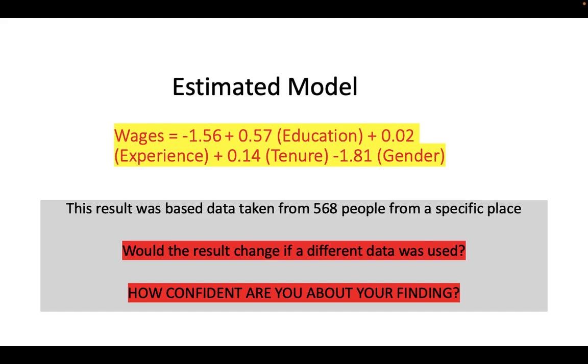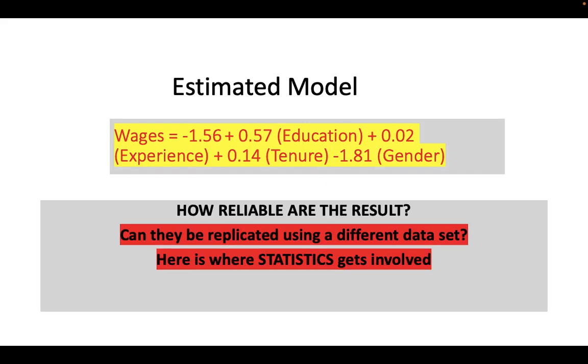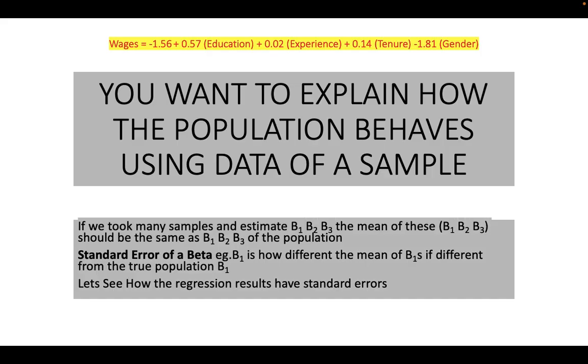That is why we need to go back into the statistics of things, because we're unsure about how reliable the results are if we were to use a different sample. And just to reiterate, we want to explain how the population behaves using data of a sample.